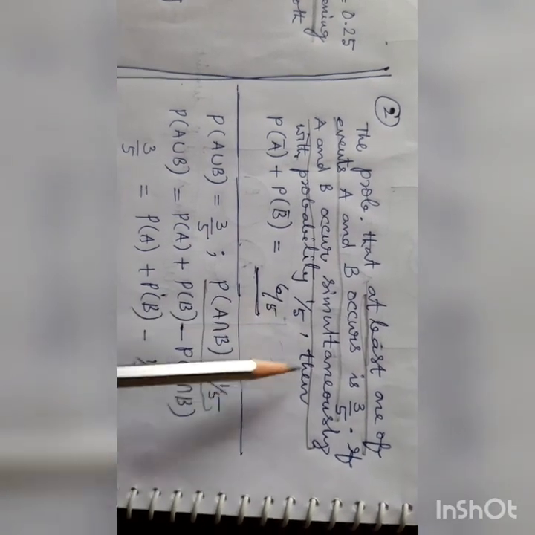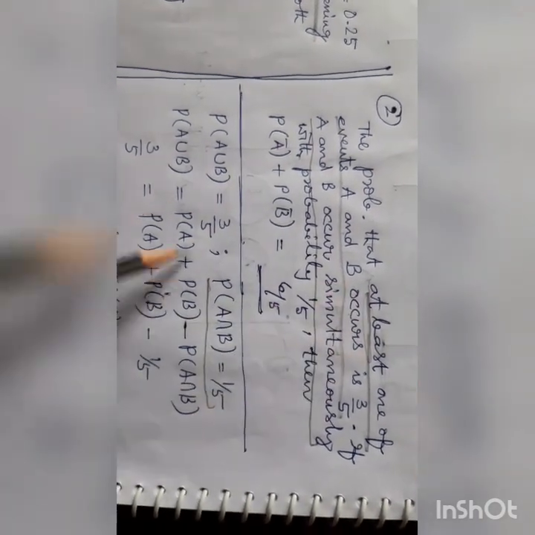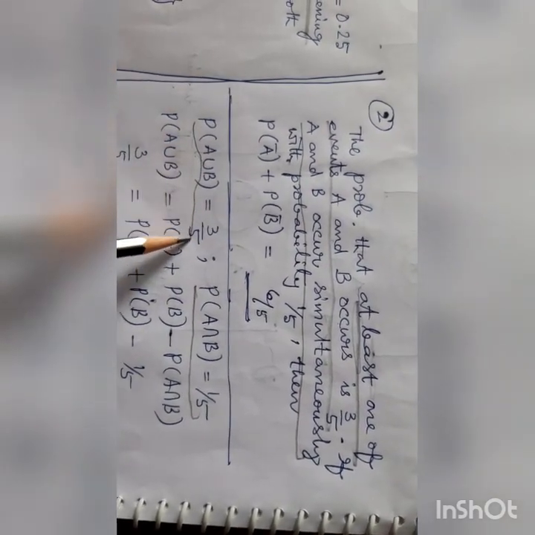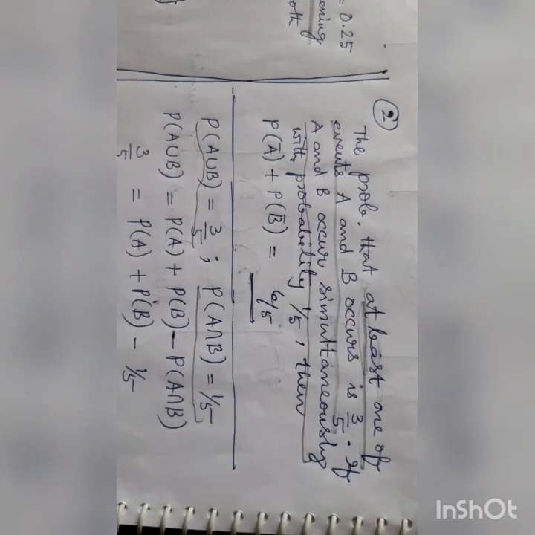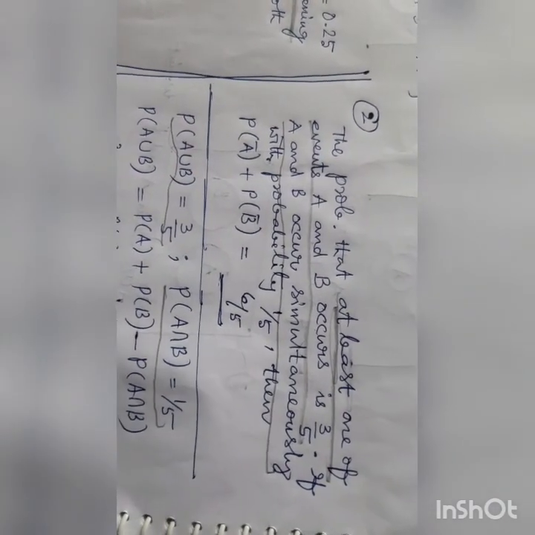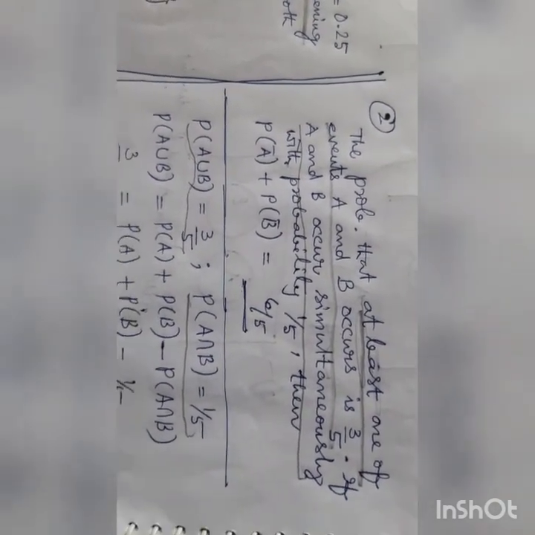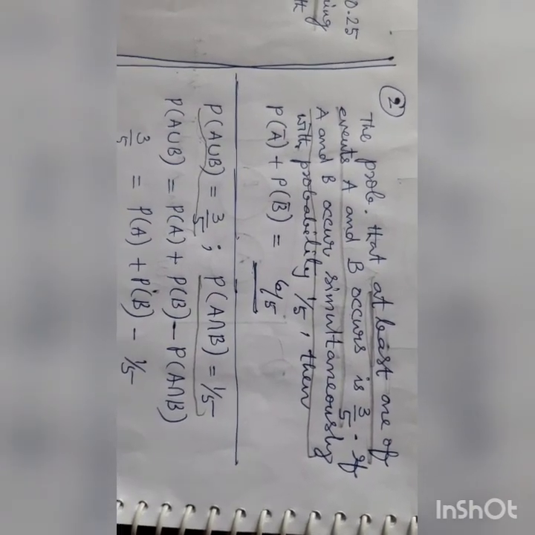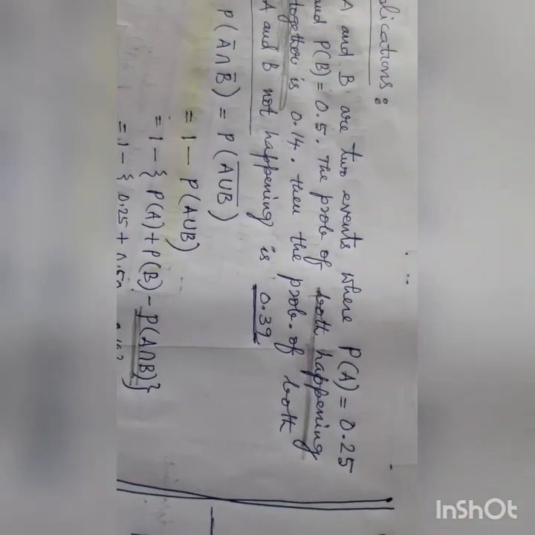At least means P of A union B is 3 by 5. At least means A union B. A and B occur simultaneously means A intersection B. Here, both happening together means A intersection B.